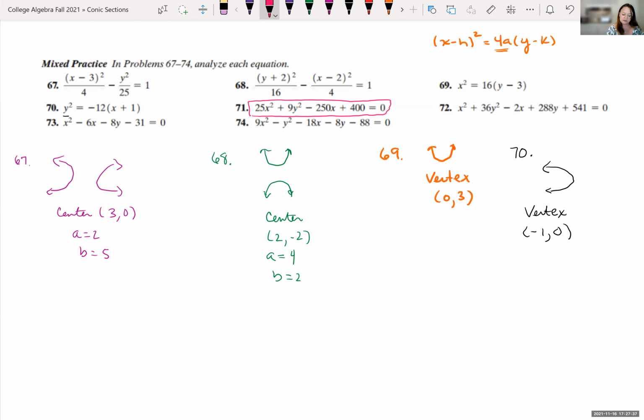Looking at the coefficients in front of the x squared and y squared will tell me which one it is. Those are both positive numbers and they're not the same number. If it's the same sign in front of x squared and y squared, but not the same number, then it is an ellipse. And so in 71, I know I have an ellipse.